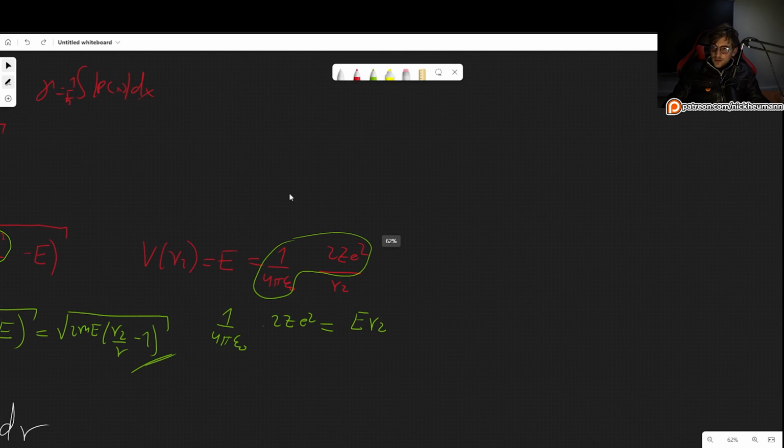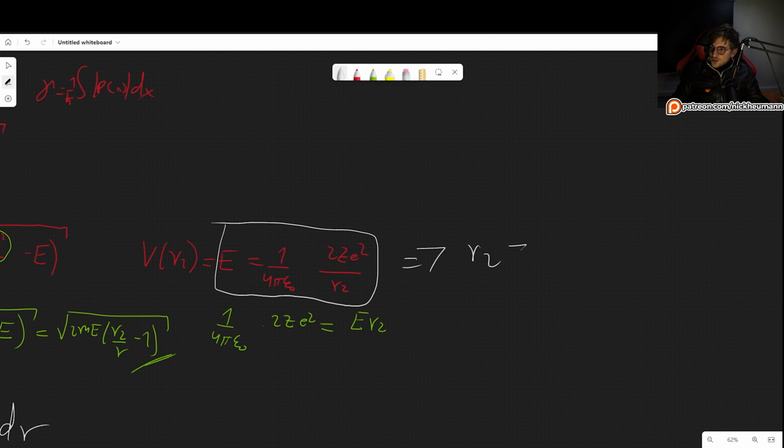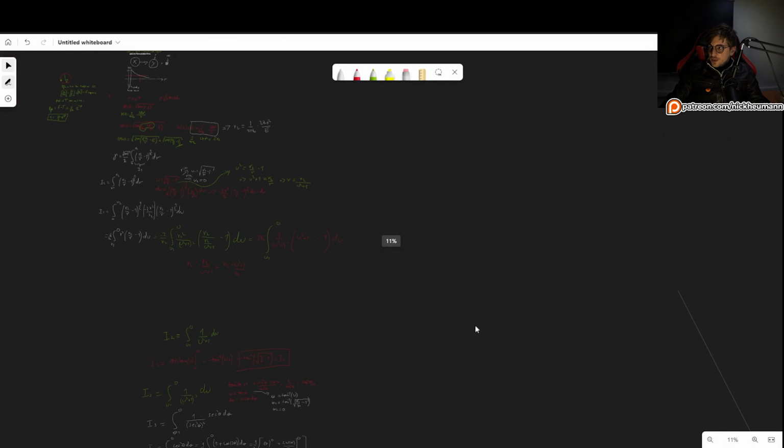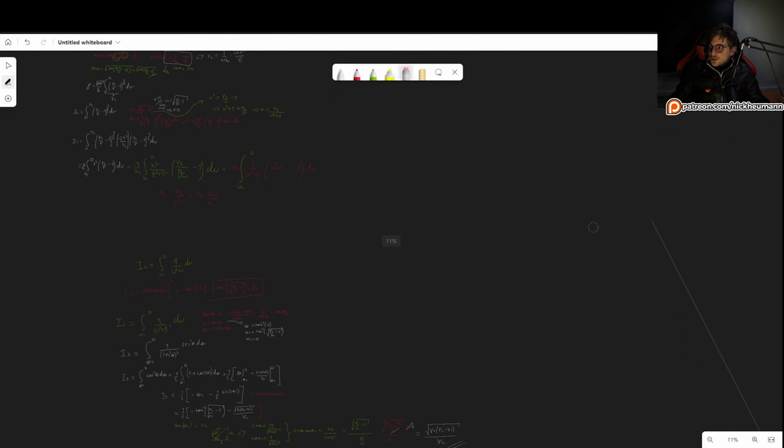We know that this is the value when the potential is the same as the energy. So for that reason, R2 is 1 over 4 pi epsilon 0 times 2 z e squared divided by e. So we can now very easily plug this back into our equation.